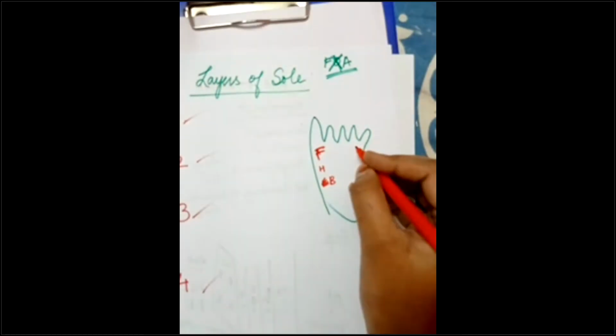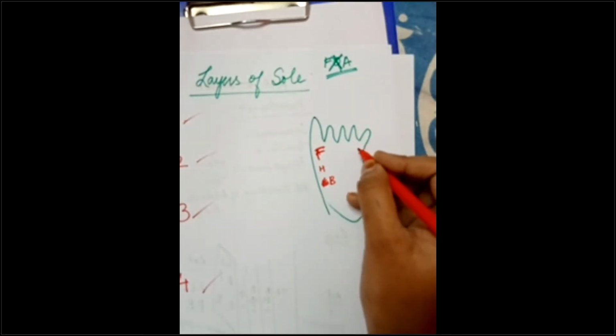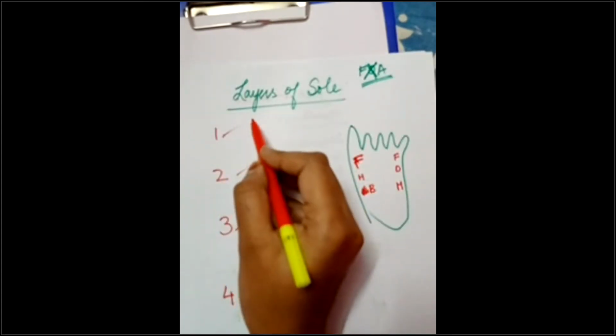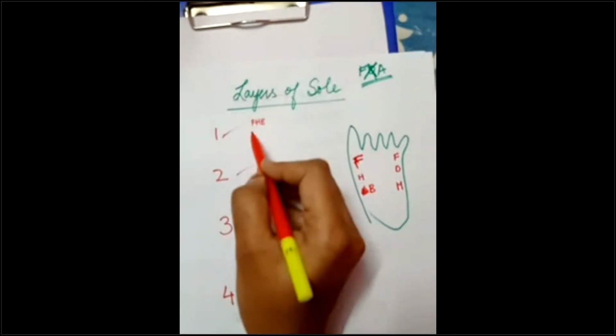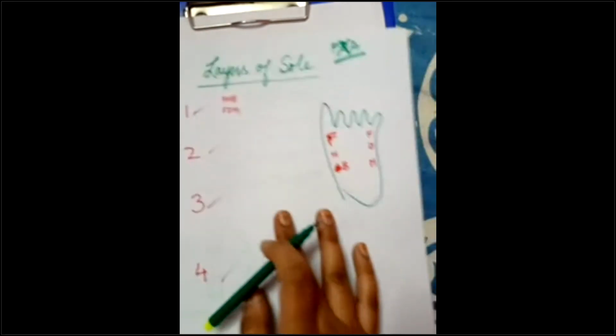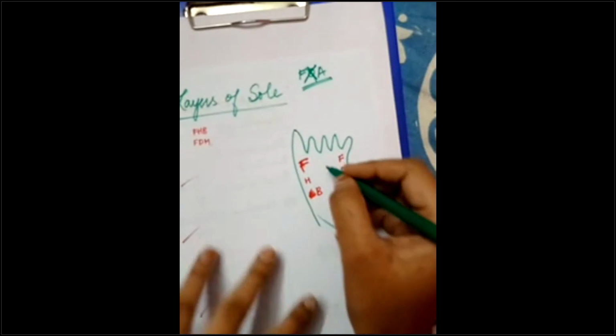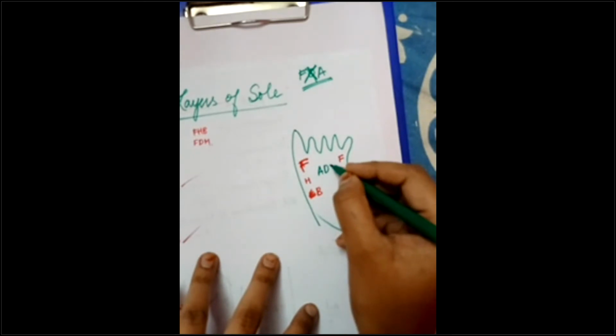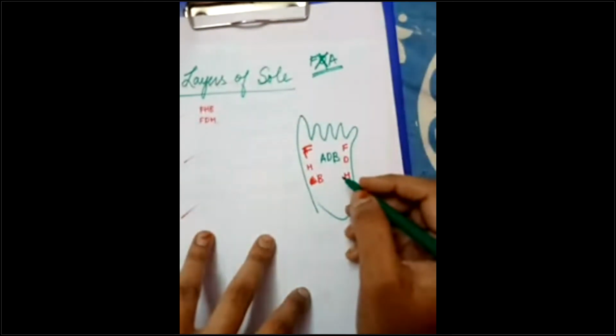The digiti minimi will say, I also want the same. Flexor digiti minimi. So first layer, two muscles done. In between them you have the adductor digitorum brevis.